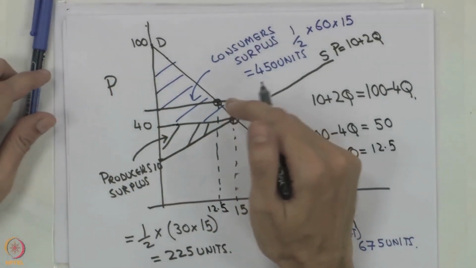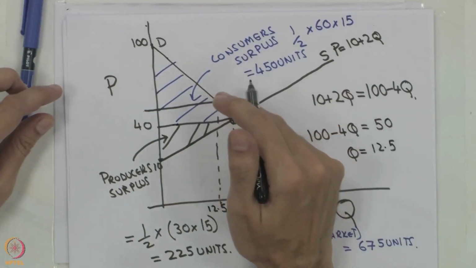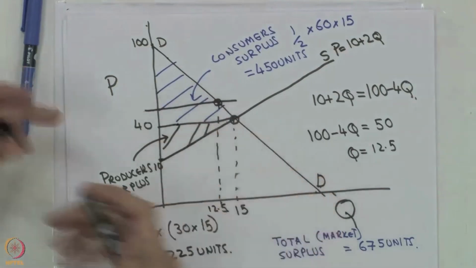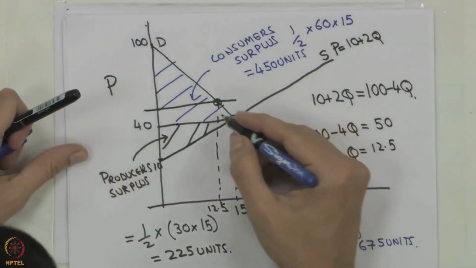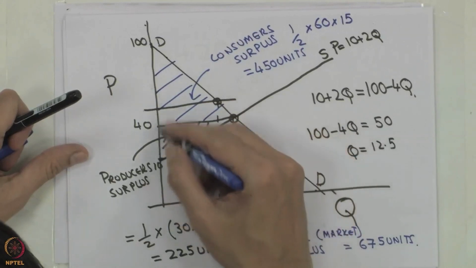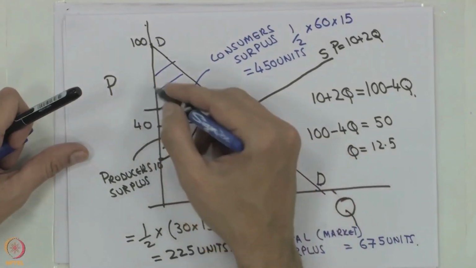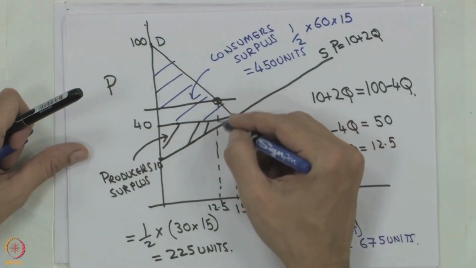Now you will find that the consumer surplus has decreased by this amount, and the producer surplus on the other hand has now become this amount, presuming that all of this money is going to the producer and not to the government as a tax.